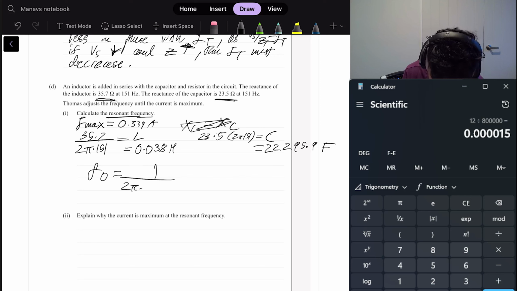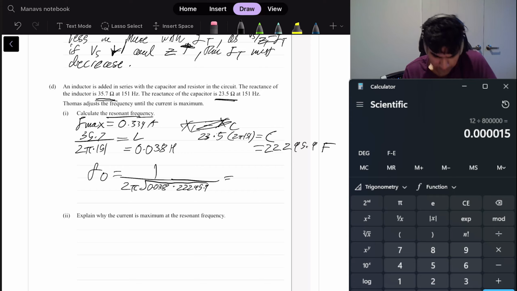2 pi times the square root of 0.038 multiplied by 22295.9, square rooted, then 1 divided by that should give the answer.